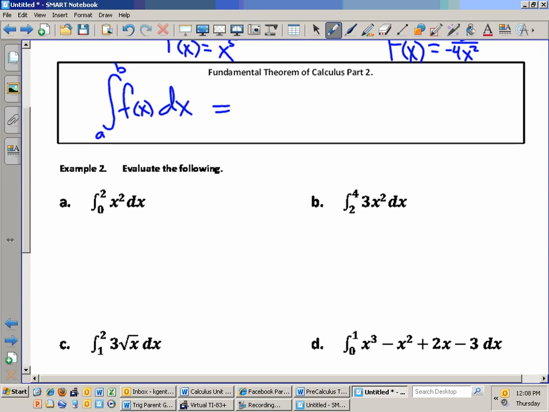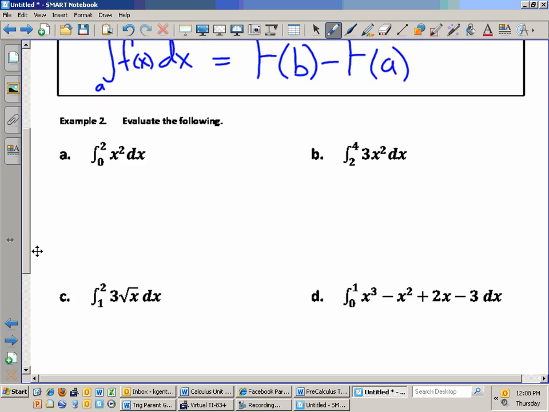The integral from a to b of f of x dx is equal to the antiderivative evaluated at b minus the antiderivative evaluated at a. That's it. That is it.